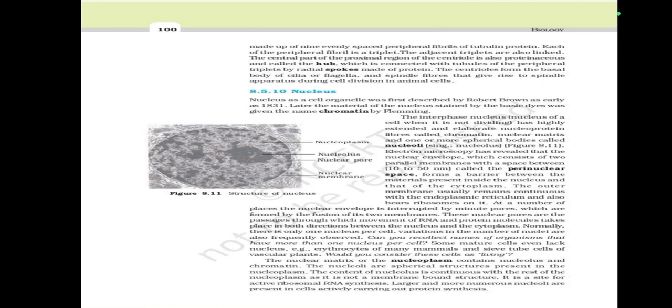Electron microscopy has revealed that the nuclear envelope consists of two parallel membranes with a space between them of 10 to 15 nanometers, called the perinuclear space, forming a barrier between the materials present inside the nucleus and the cytoplasm. The outer membrane usually remains continuous with the endoplasmic reticulum and also bears ribosomes at a number of places.